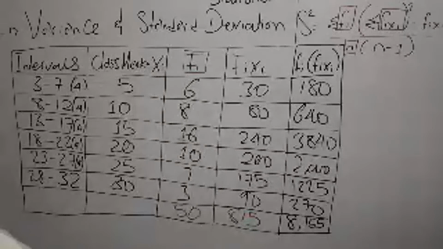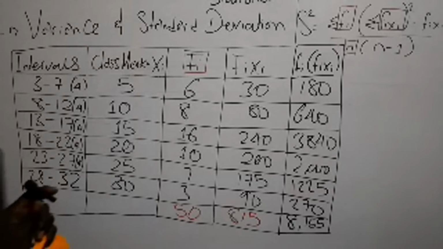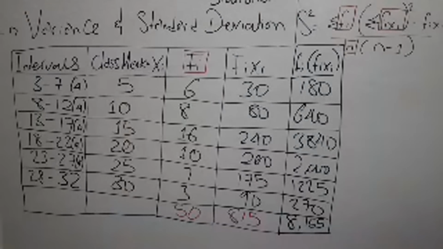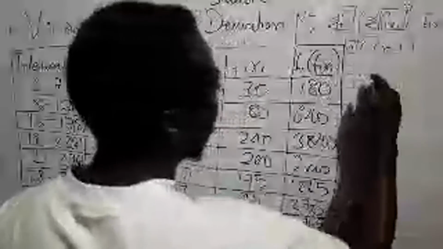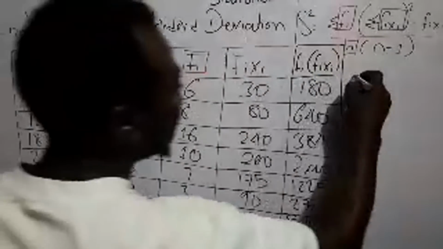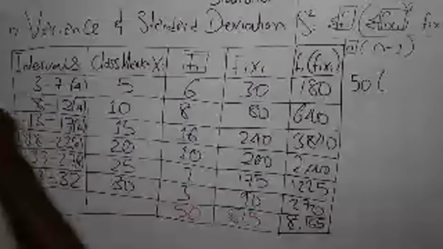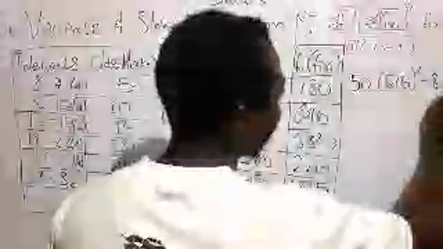Now, for our formula, we have the summation of fi, which is 50, into brackets, summation of fi square, 815, all squared, and we have minus summation of fixi, which is 8155.